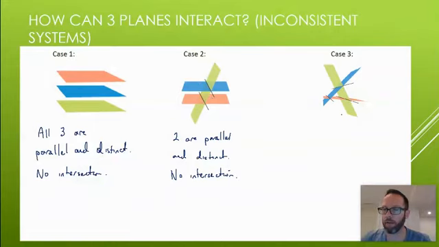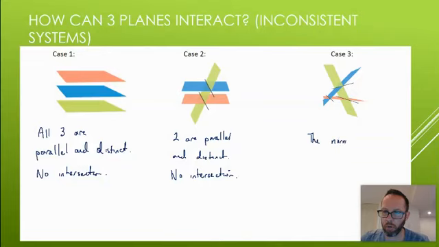And the third case is it is possible for three planes to not be parallel and for them not to have a point of intersection. And that's case 3 here. In this case, it's kind of like case 2 in the previous slide.